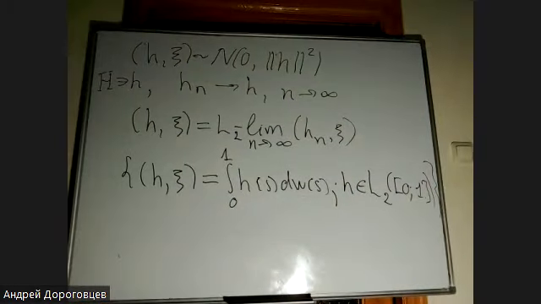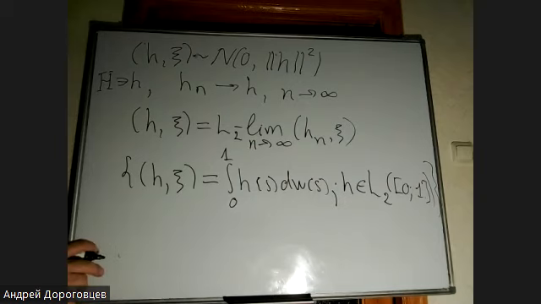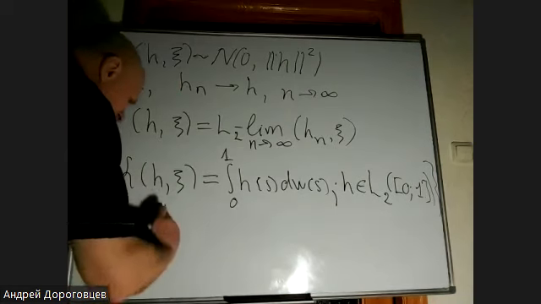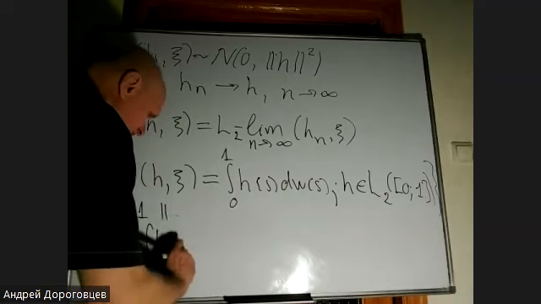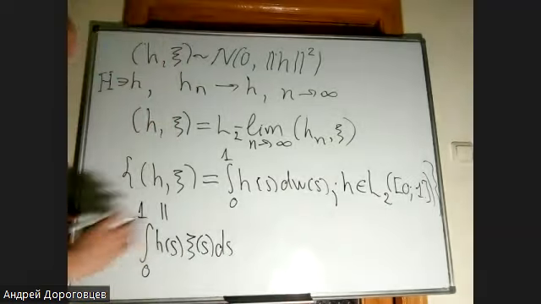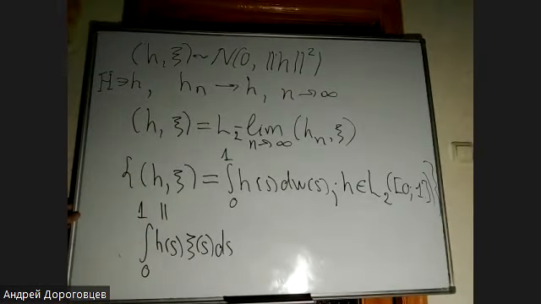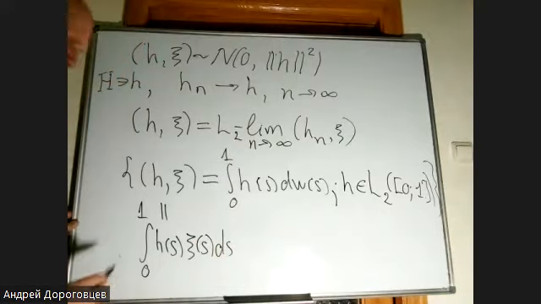Since we have such a definition, and as you remember, the inner product in L2(0,1) can be at least formally written as the integral of h(s) psi(s) ds. Of course, I remember that psi does not exist. This is just a formal recalling. But let's compare this formula and this formula.